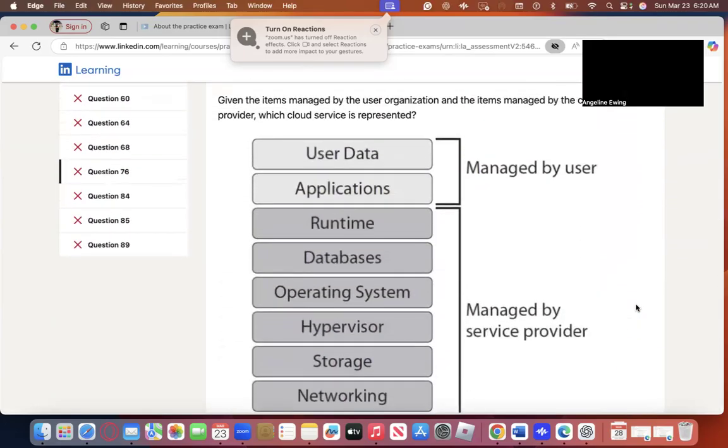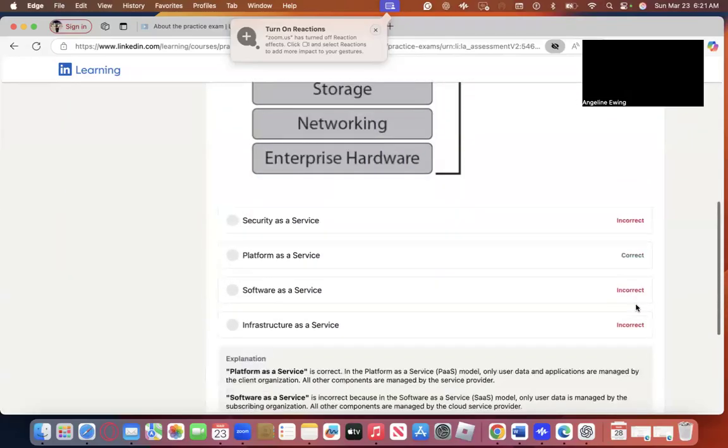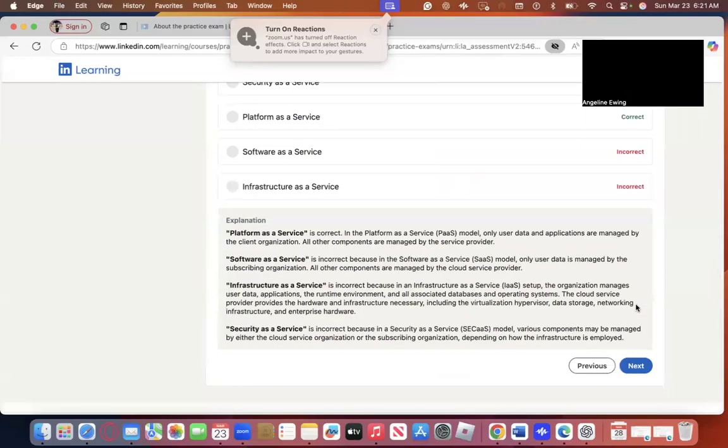In platform as a service, the organization user only manages user data and applications, whereas the service provider manages runtime, database, operating system, hypervisor, storage, networking, and enterprise hardware. Platform as a service is correct because in this model, only user data and applications are managed by the client organization. All other components are managed by the service provider.